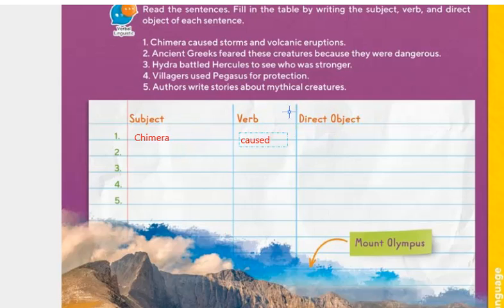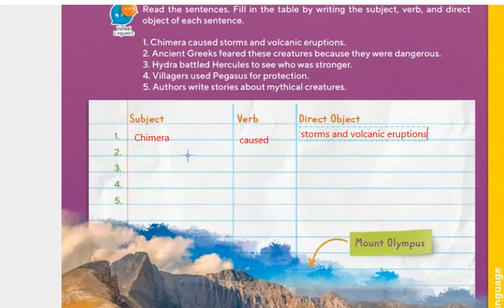Chimera caused what? Storms and volcanic eruptions. So, we have to write here the direct object, that is storms and volcanic eruptions. All right?